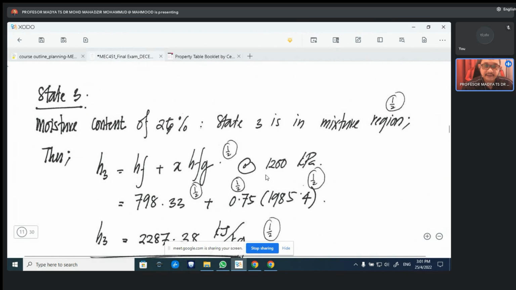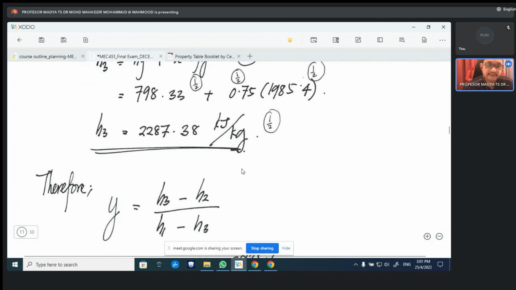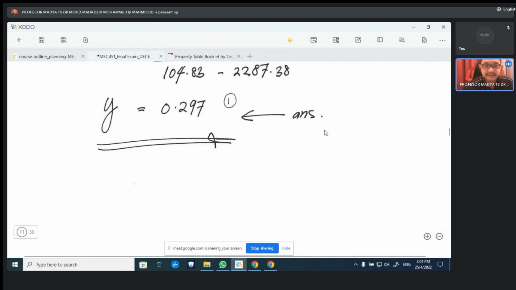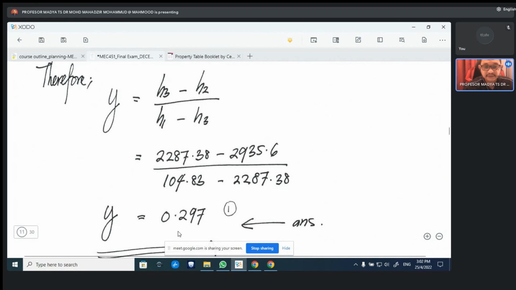From there, at 1200 kilopascal in the saturated water table, find HF and also HFG, and then you will get H3. Put the values of H1, H2, and H3 together to find y, and lastly it gives y is equal to 0.297. That is the answer for question number 2C.